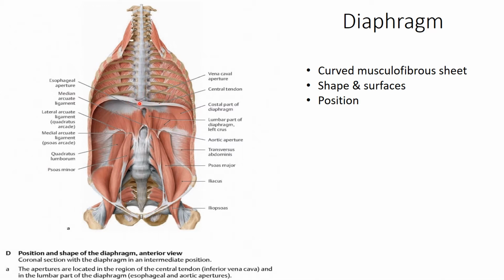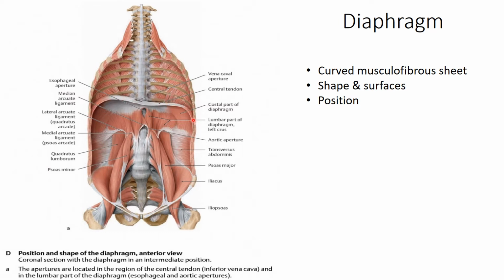The diaphragm has a central portion which is flatter, and the periphery on both sides is curvaceous. These are known as the cupola or dome of the diaphragm.